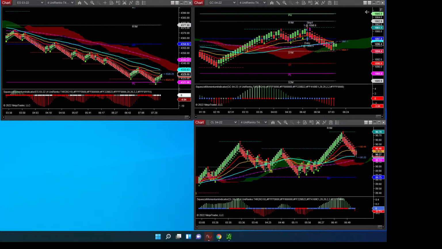So the risk for one contract is around $200, and the target is $400. So that would be the first target. I move the target sometimes if I see that there's a nice confluence with the higher time frame, and then I start moving the target.